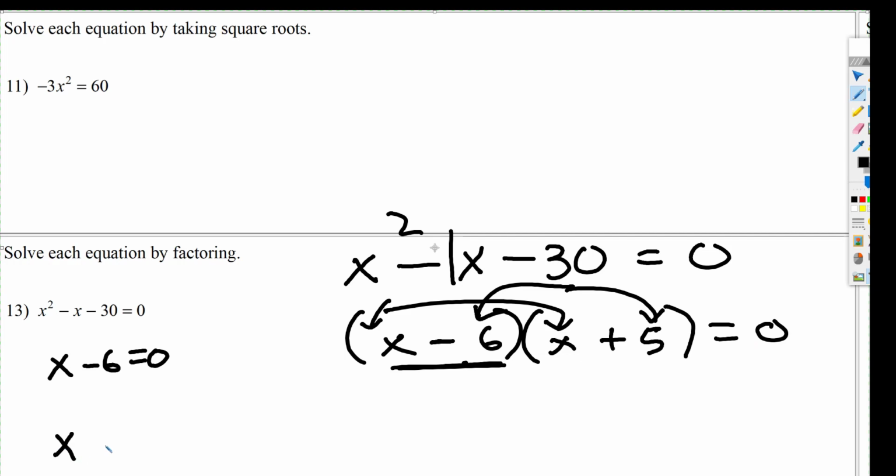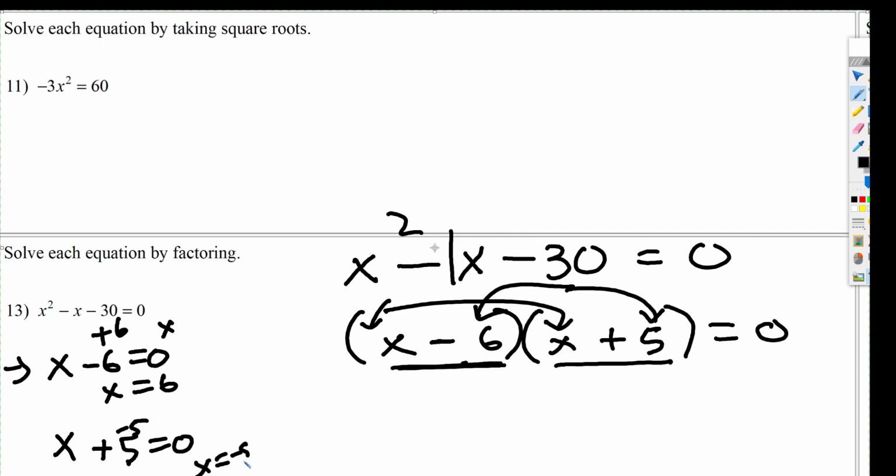Or if we set the second parentheses equal to 0, then this 0 times this expression will equal 0. All right? So for this one right here, we'll just add 6. So x is equal to 6 for this one. Subtract 5, so x equals -5.